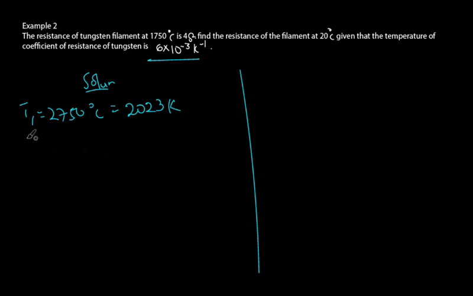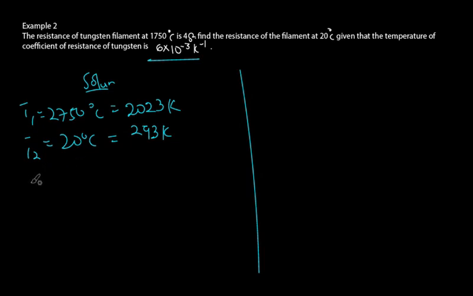The second temperature T2 is 20 degrees Celsius, so this will be 20 plus 273, which gives us 293 Kelvin.